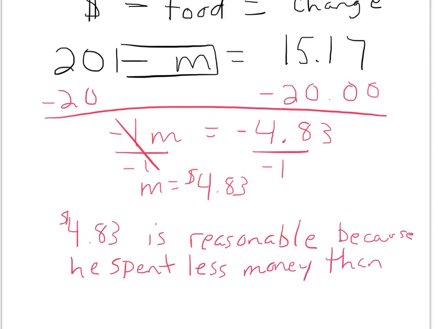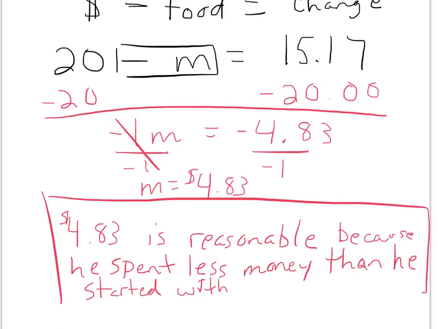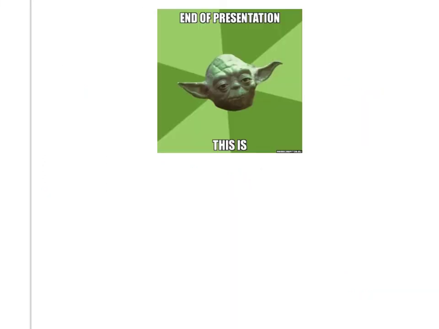I think that's a good enough reasonable explanation. Like I said, if we would have gotten $24 or something for our answer, or $24.83, then something would be kind of fishy, because we can't spend more money than we started with.